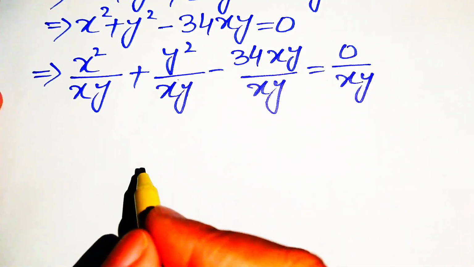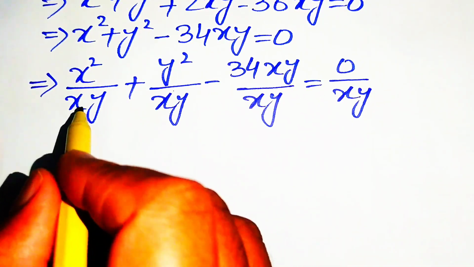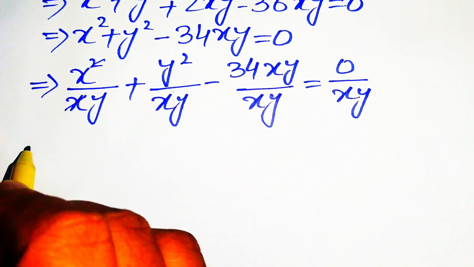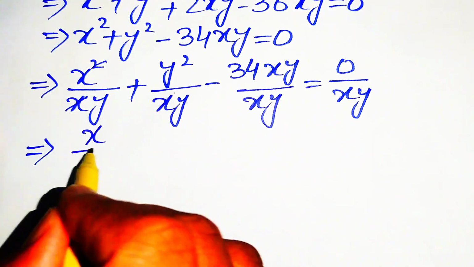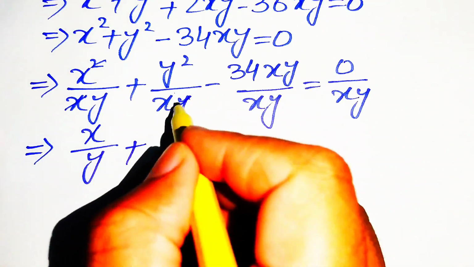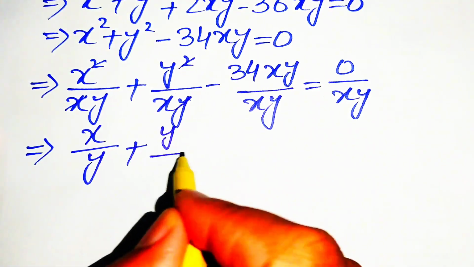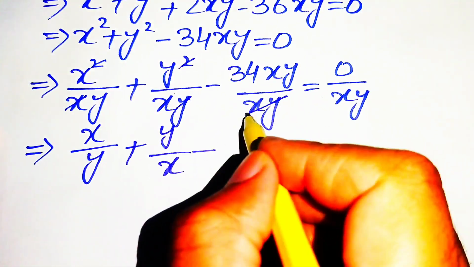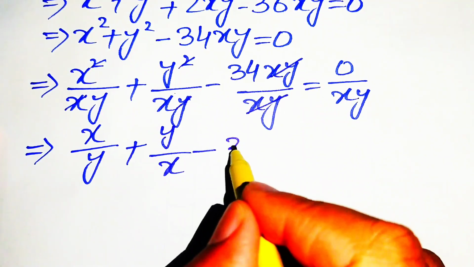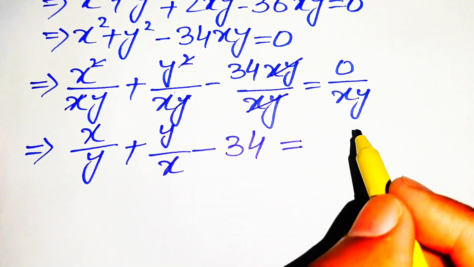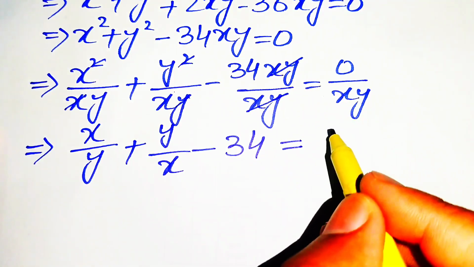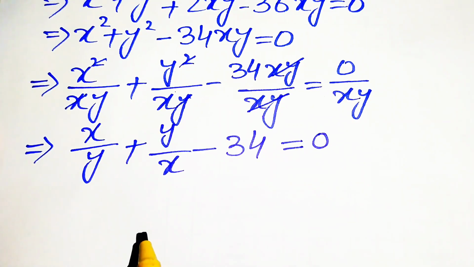Now we cancel the like terms: x and x are cancelled, and we get x over y, plus y and y are cancelled, and we get y over x, minus 34 equals 0.